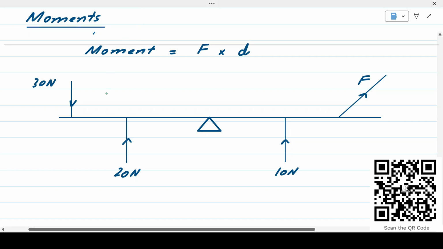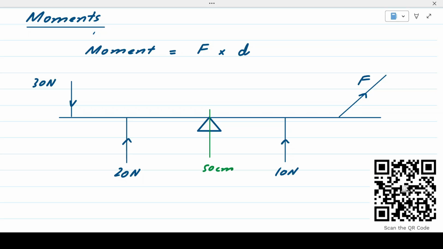And all the distances are given. Let's say it's a uniform meter rule, so the center point would be exactly at 50. Many of the distances you'll have to find mathematically. If a certain part is given, then you can add or subtract accordingly, depending on the situation.